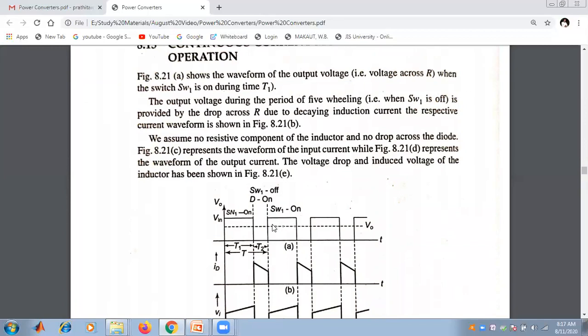This is the general output voltage waveform that we have already seen for the buck converter. The total time period is T, and the switch is on for the time period T1 and off for the time period T2.